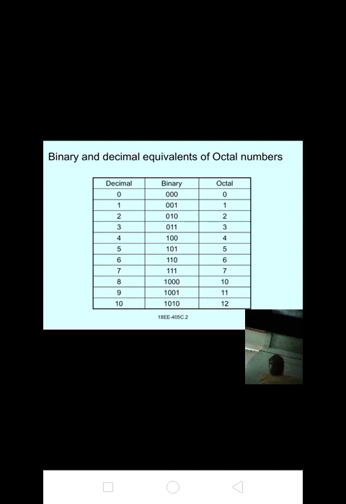Here I have chosen values 0 to 10. 0 is 000, octal 0. 1 is 001, octal 1. 2, 010, octal 2. 3, 011, octal 3. 4, 100, octal 4. 5, 101, octal 5. 6, 110, octal 6. 7, 111, octal 7. 8, 1000, octal 10. 9, 1001, octal 11. 10, 1010, octal 12.